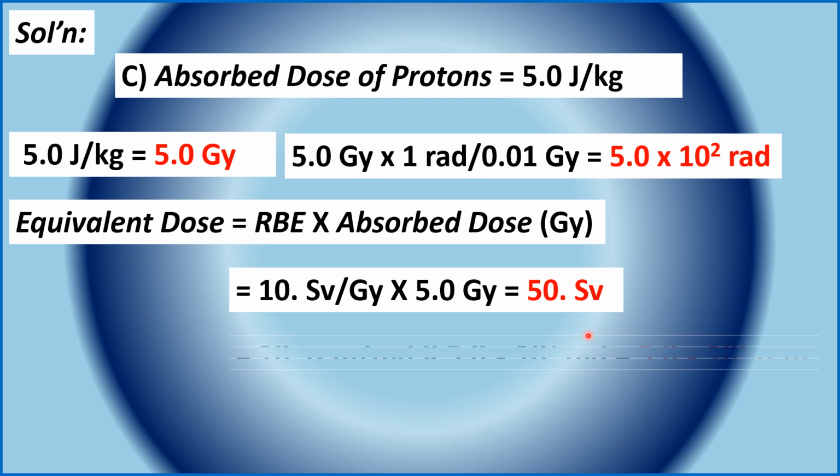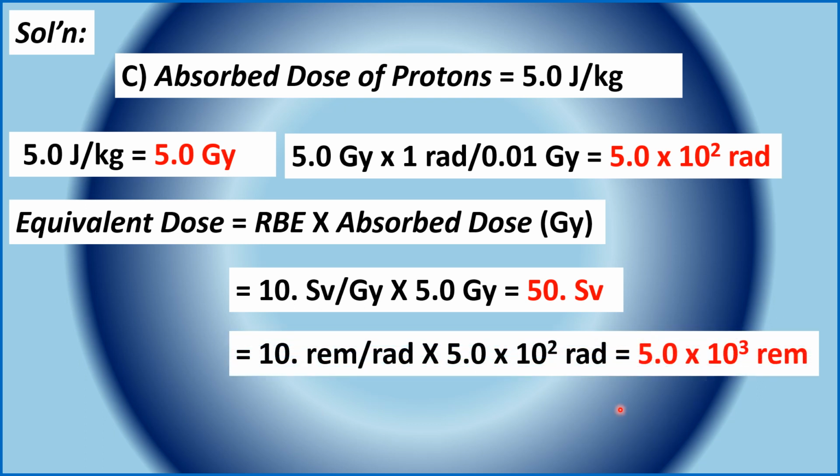And for the equivalent dose in rem, doing the same formula, we will use the absorbed dose in rad, that is 5.0 times 10 to the second power rad.